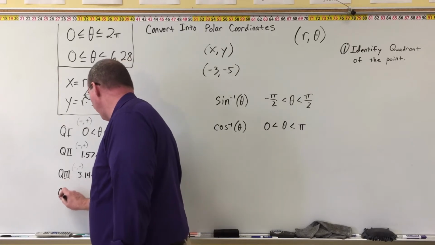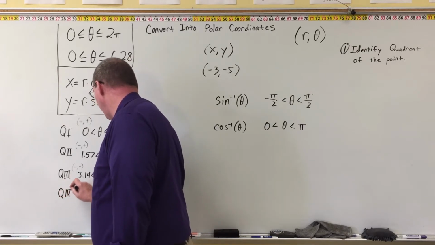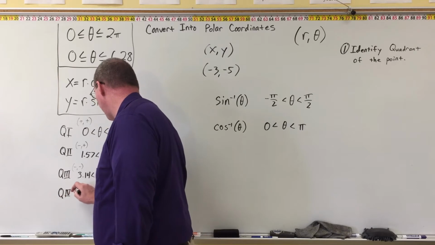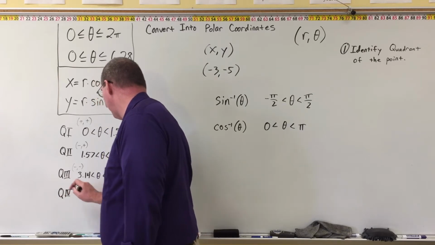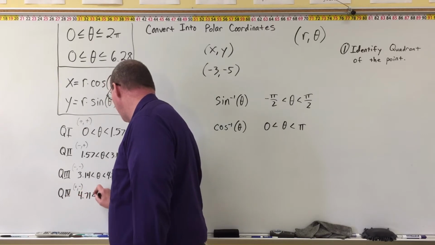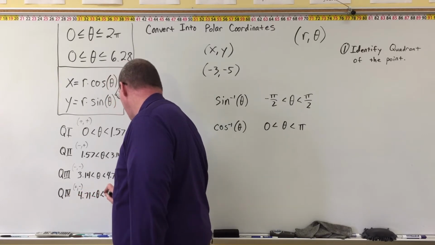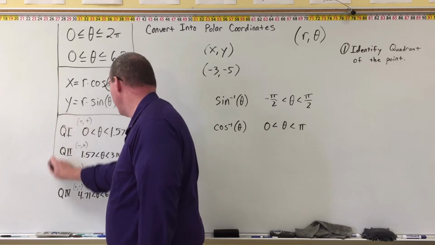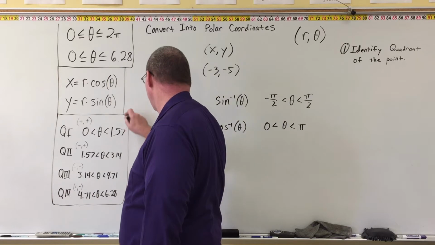And then if it's a quadrant 4 point, and you'll know that if it's a positive x and a negative y, then it's going to fall between 4.71 and 6.28, which is approximately 2 pi. So you're going to need to write this stuff down.